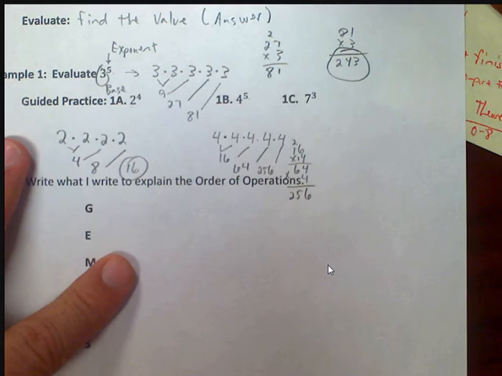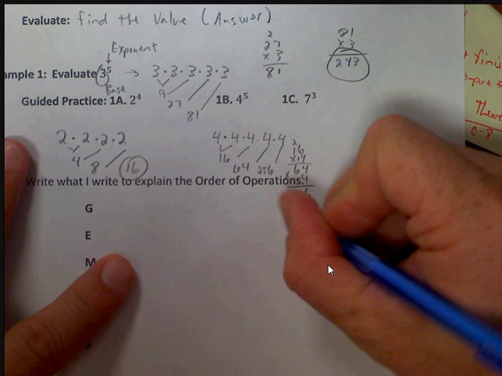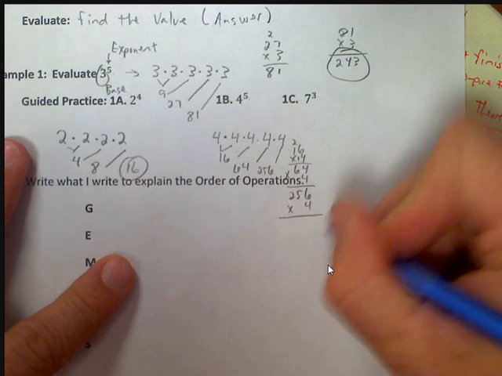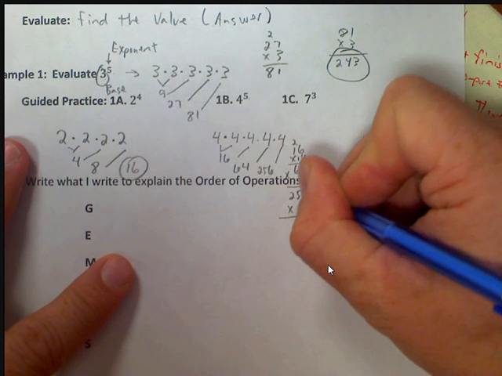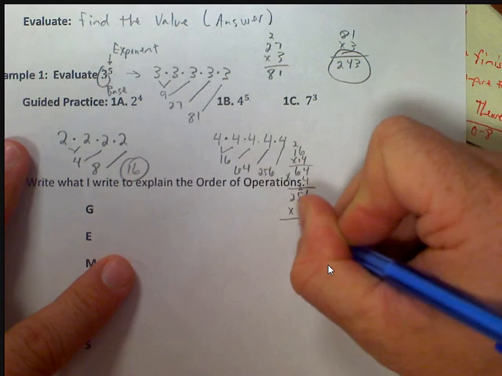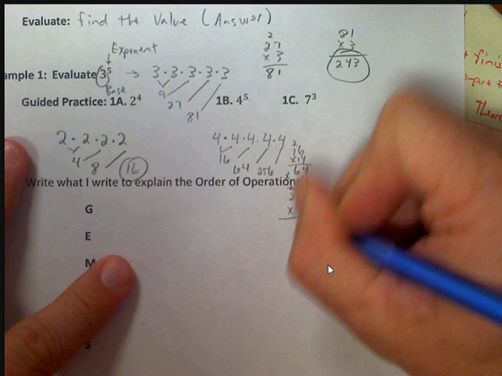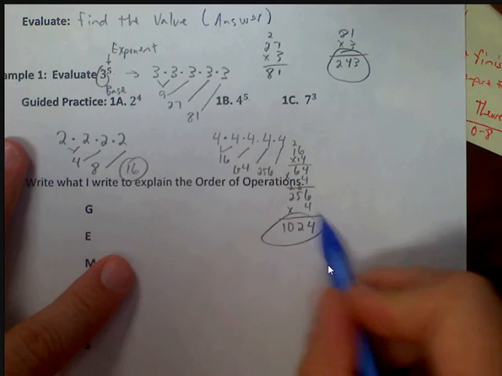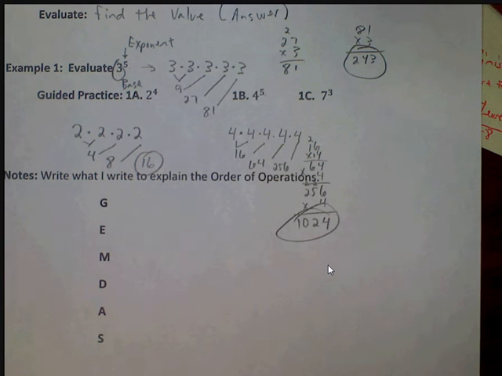Times 4. We are at 1,024. So that's 1,024.